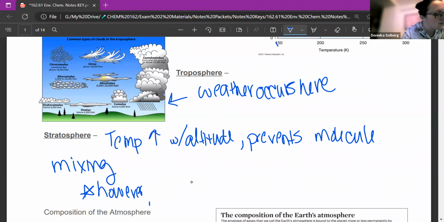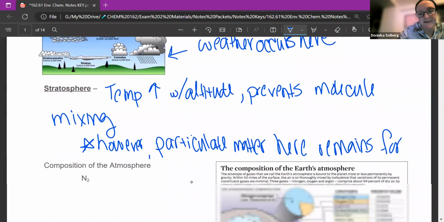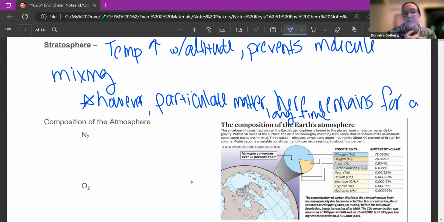However, particulate matter here remains for a long time. So if things make their way up into the stratosphere, they actually stay there for a long time, because you're not going to get much molecule mixing to break them down or bring them back down to Earth or anything like that.